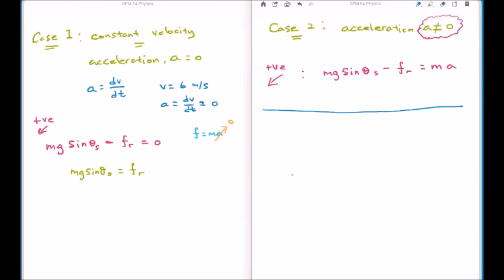Now, given a scenario, a right angle triangle. Now the angle is 30 degrees. They will give you a standard angle most of the time. An object is at rest.